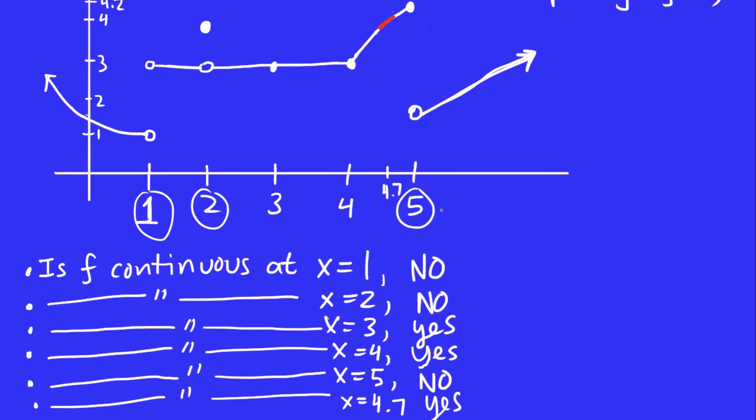And at 5. Those are the only numbers at which this function is discontinuous. Any other number, and it doesn't have to be an integer like 1, 2, 3, 4, whatever. It can be a decimal or even, let's say, pi. Okay, pi is like 3.14. Is f continuous at pi? Well, there's no break there, and it's defined there. So it is continuous there.